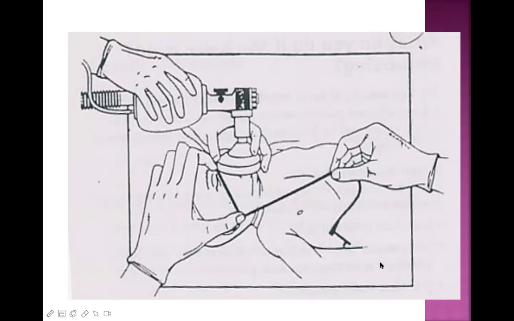Another important point is how to make sure the tip reaches the stomach and not the lung or airway. You need to auscultate the epigastric area and at the same time push a bit of air through the syringe attached to the other end of the NG tube.